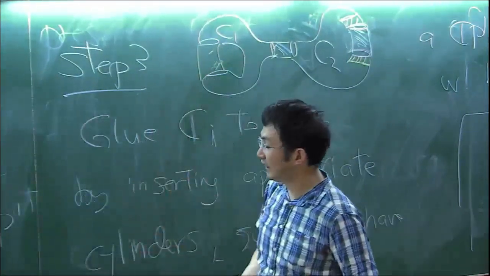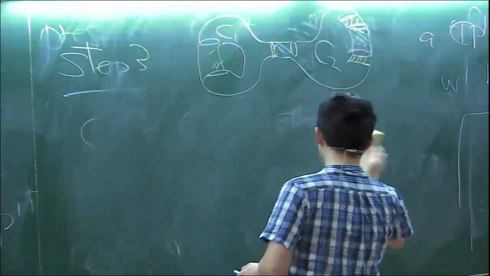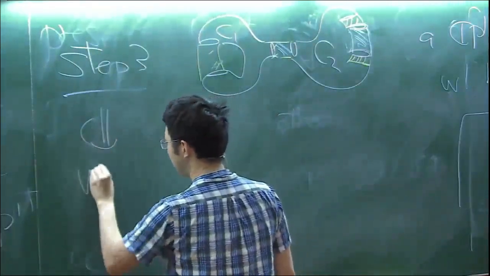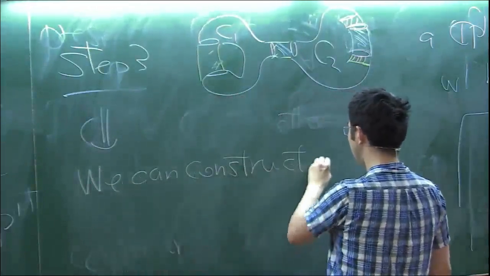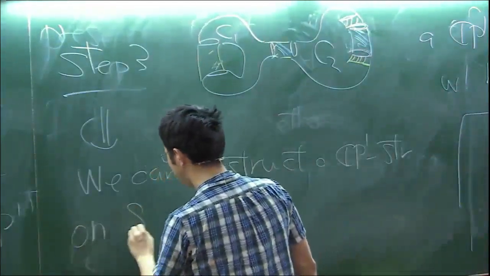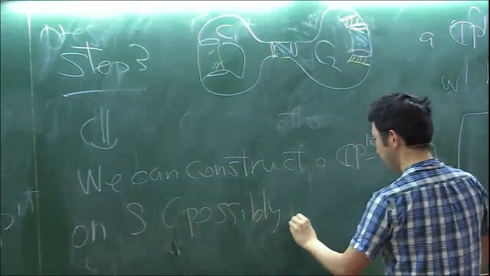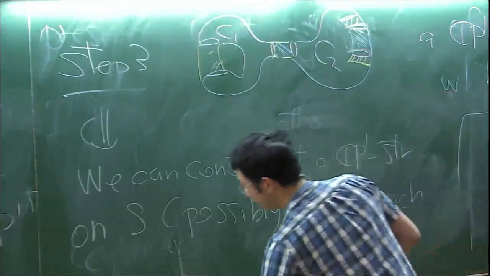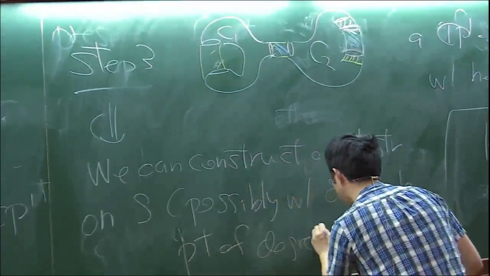And then you need to use step 3, which actually tells us that we can construct a CP1 structure on this closed surface, possibly with a branch point of degree 2.